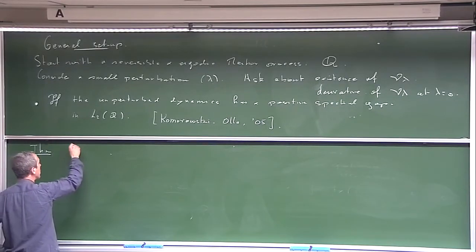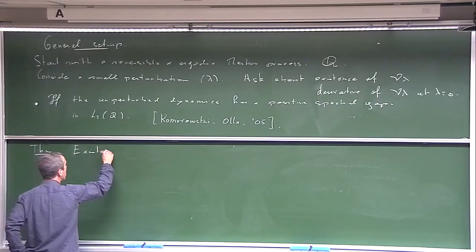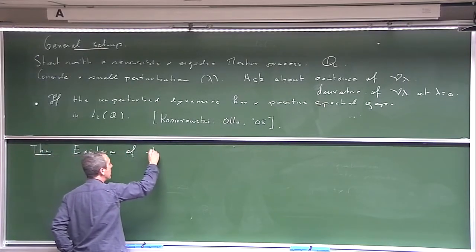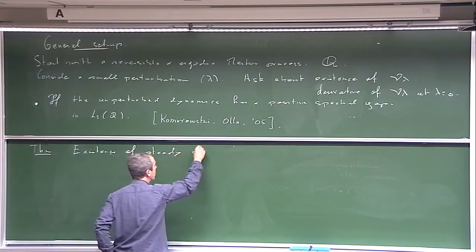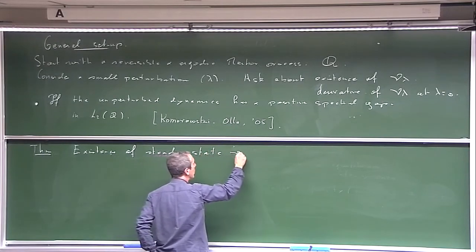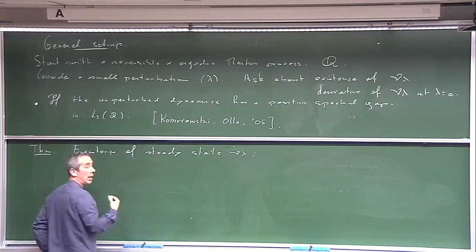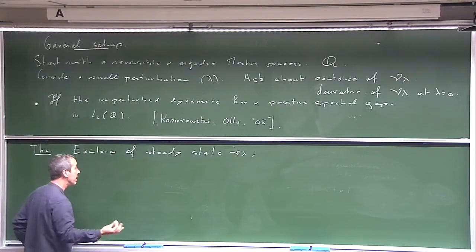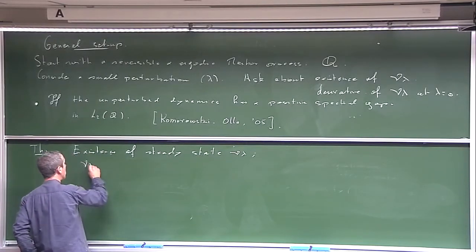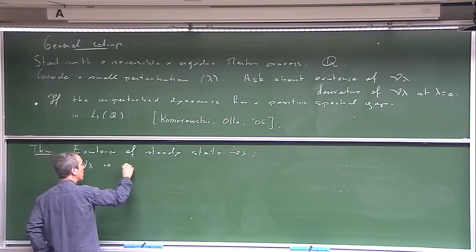So there is the existence of the steady state, nu lambda, but you construct nu lambda with this density. Actually, nu lambda is absolutely continuous.